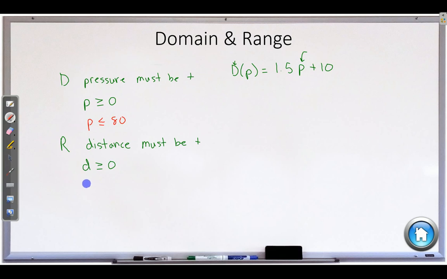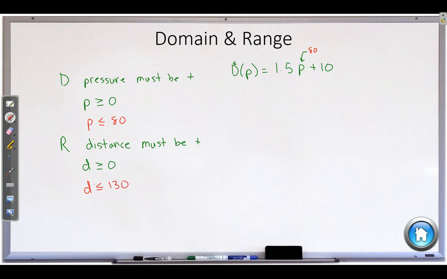So that also then restricts our distance. If I'm only allowed to pump it up to 80 psi, if I put in 80 for P, 80 times 1.5 is 120, plus the 10 is 130. That means the distance will be less than or equal to 130 as well.